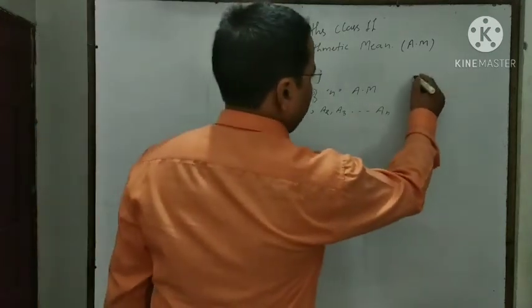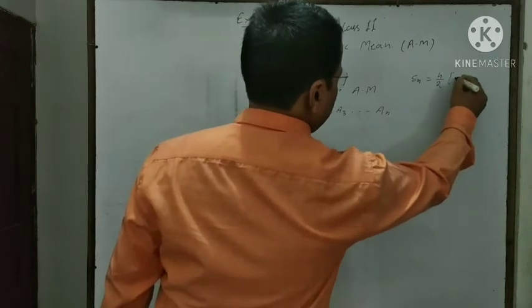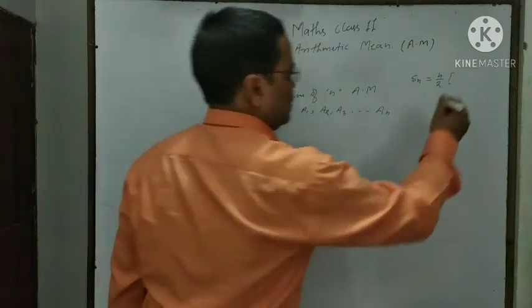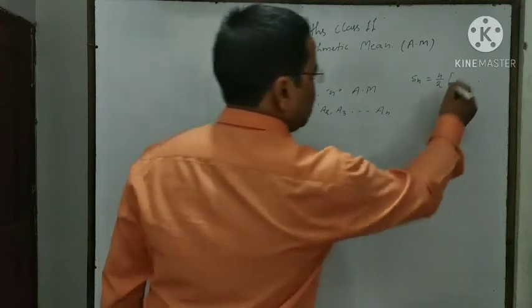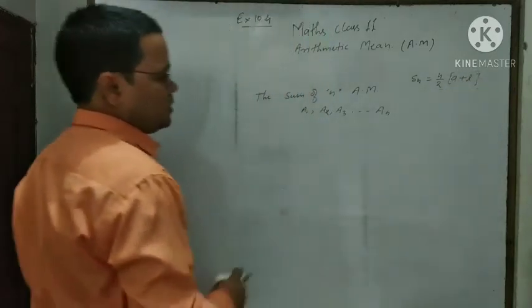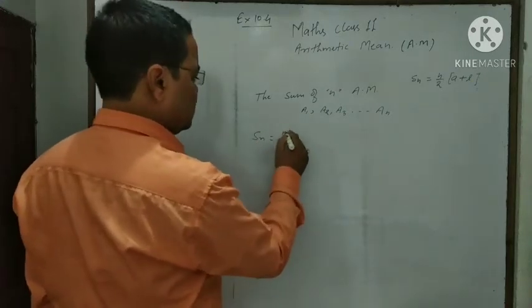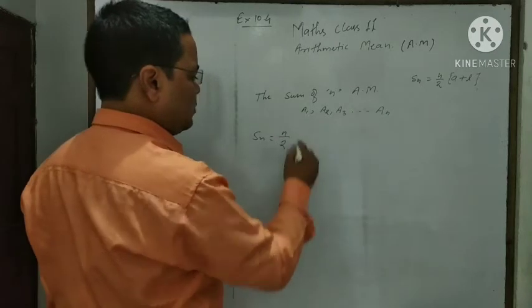We know that Sn, the sum of n terms, is equal to n by 2 into (first term plus last term). First here we want to find Sn. Then what is the first term? The total number of terms is n, no problem, n by 2.